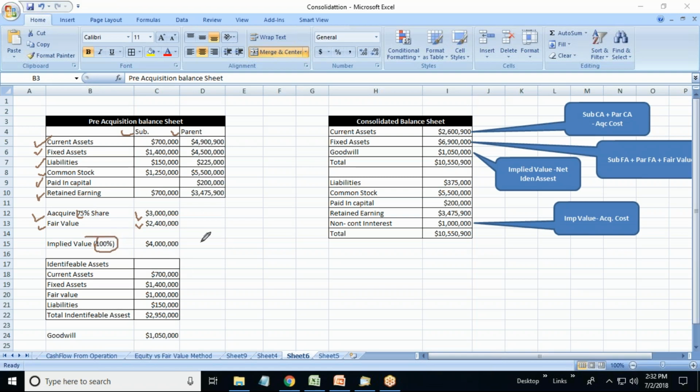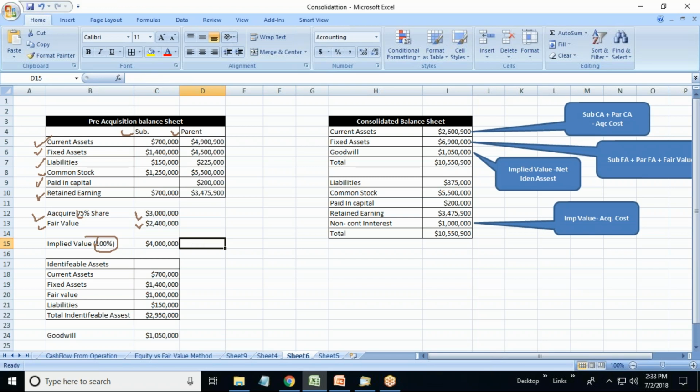We calculate the implied value of 100% of the stock: 3 million divided by 75% multiplied by 100. So 4 million is the cost of 100% of the stock.